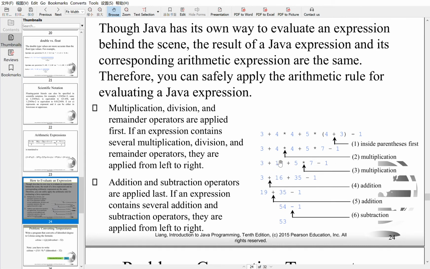In this expression we first calculate 4 multiplied by 4, which is multiplication, and for this expression we also first calculate this multiplication. This one has only addition and subtraction, so we can apply it from left to right, and the same thing here, from left to right. And this one has only subtraction, so we can just calculate it.